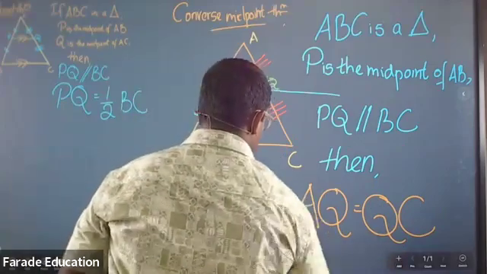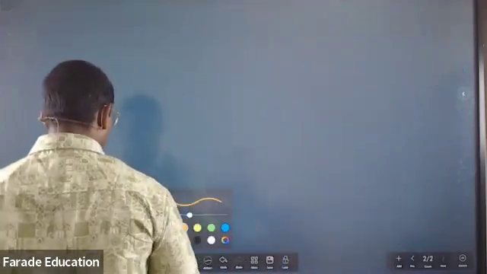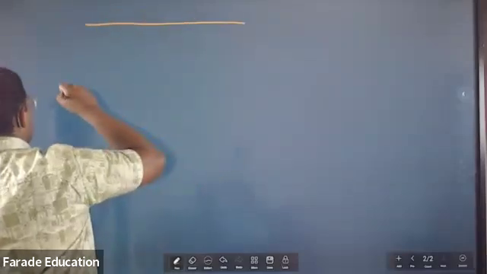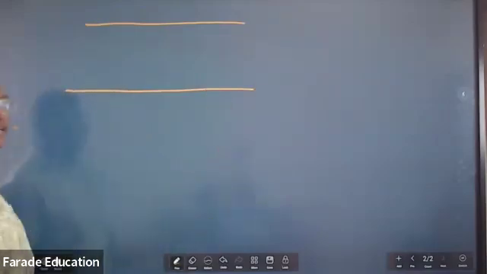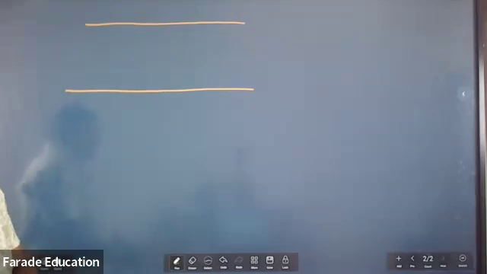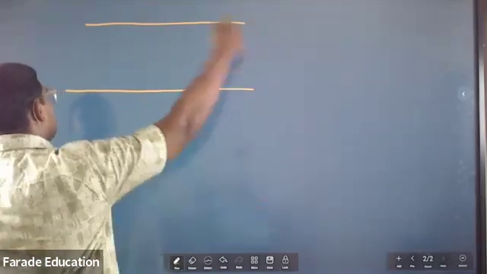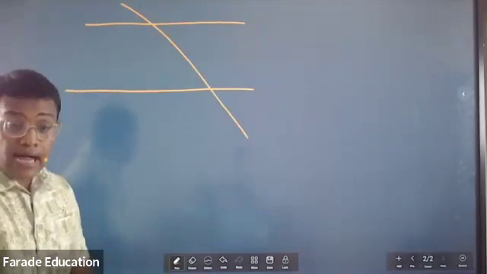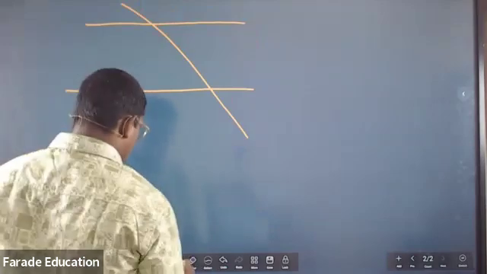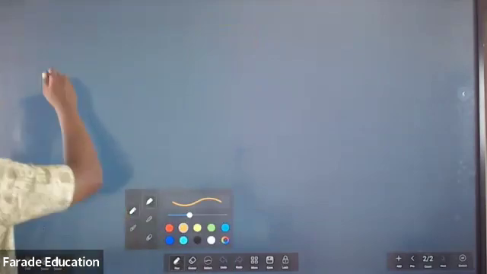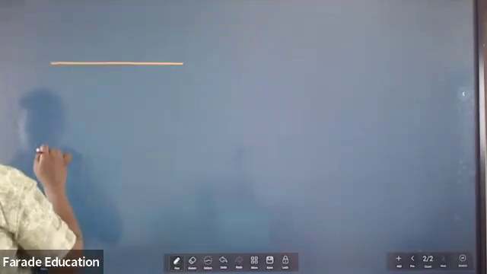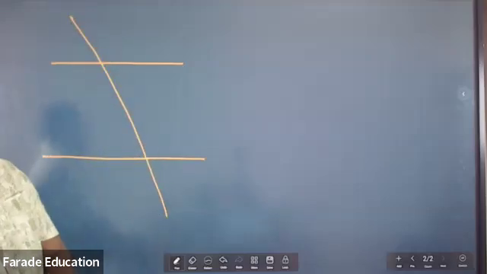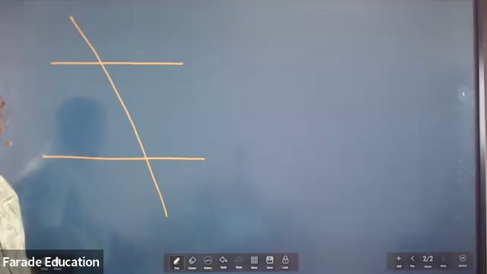The next theory. When we have a line and another line, I don't know whether they are parallel or not. There are two lines. When a third line passes through them, we call it a transversal.